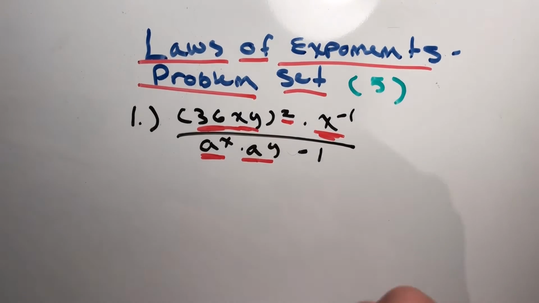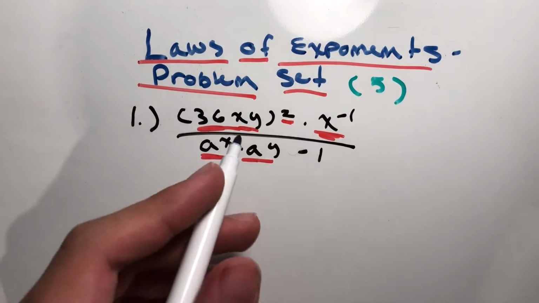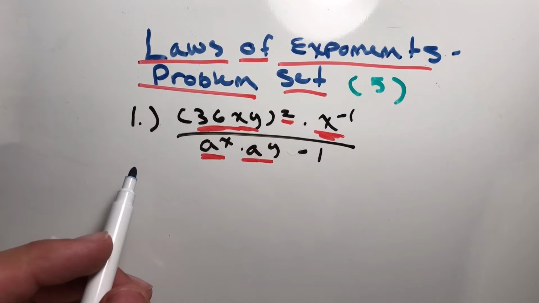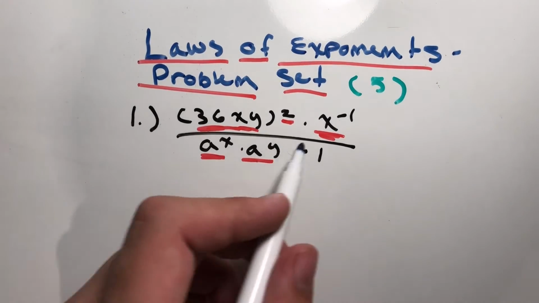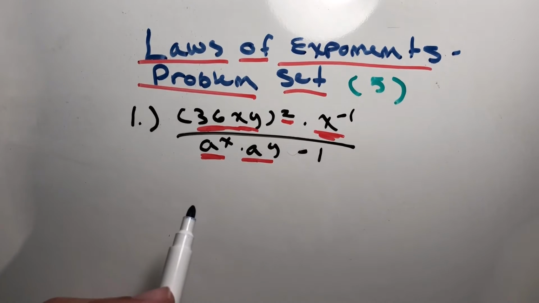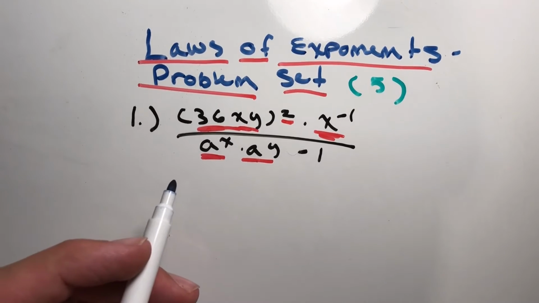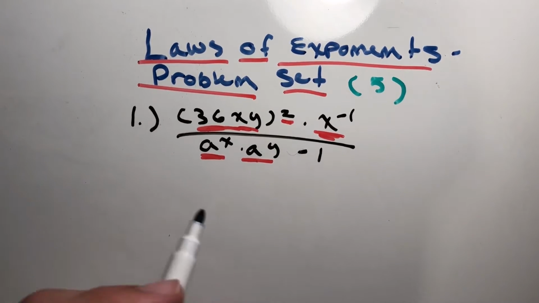So let's take a crack at this and start solving it. The first thing I'm going to do is simplify this 36xy squared. Because we're just squaring the whole of 36xy, it's less of a reliance on those exponential laws and more just knowing how to square a term.